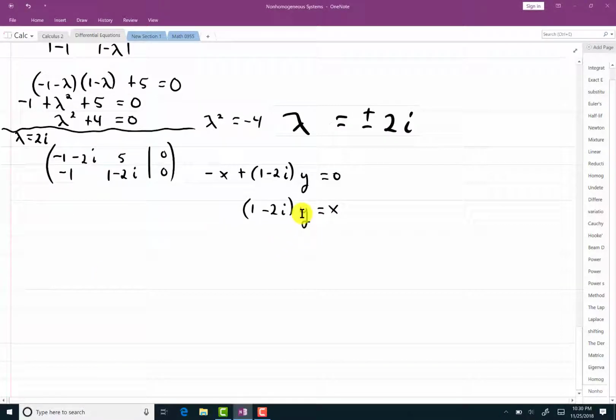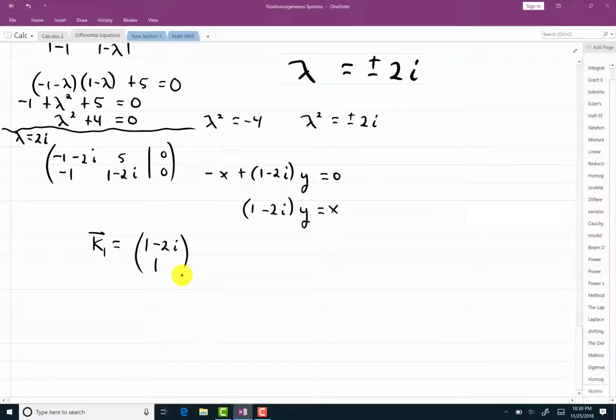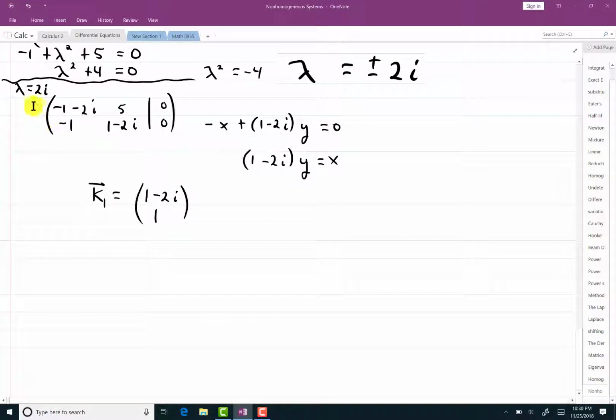And when I get a chance, to allow one part of the vector to equal 1 is always helpful. So for my eigenvector, I'll call it k1. There's actually two eigenvectors. We'll get y equal 1, and then my x will equal 1 minus 2i. Now that's attached to the eigenvalue 2i. So remember this.